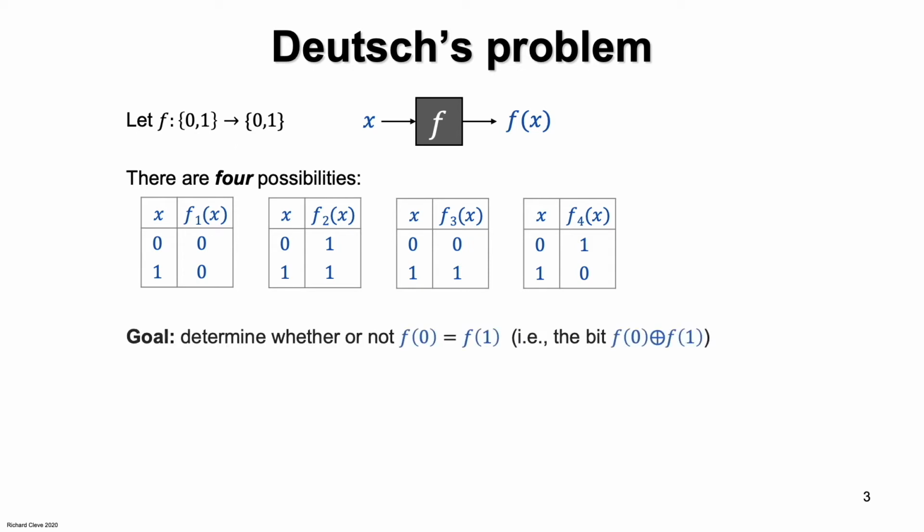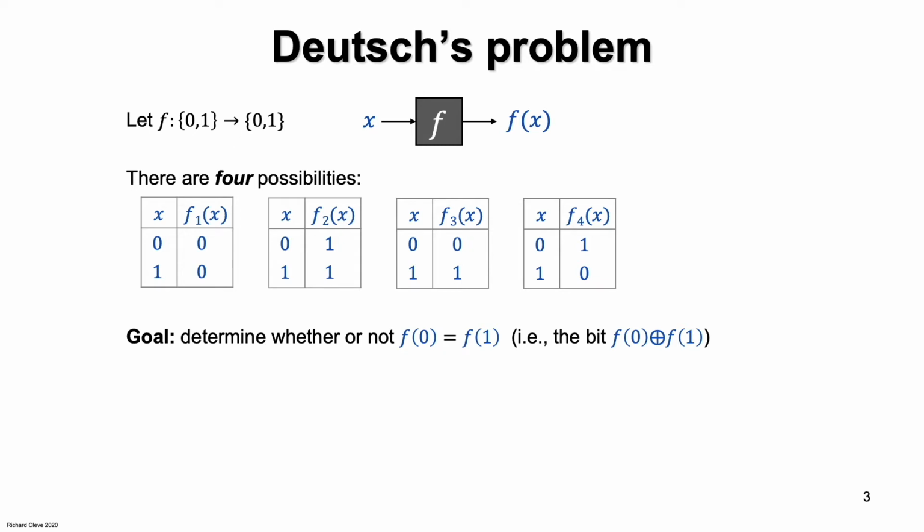Now, suppose that our goal is to determine whether or not f of 0 equals f of 1. Thus, we want to distinguish between these 2 cases. One case is the case where f of 0 equals f of 1, equivalently where the XOR of f of 0 and f of 1 is 0.